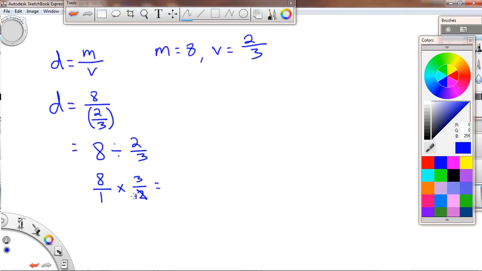We divide by that. 2 divided by 2 is 1. 8 divided by 2 is 4. And now we can continue and multiply through. 4 times 3 is 12. 1 times 1 is 1. So my denominator is going to be 1. This is a fancy way of writing 12. 12 over 1 is 12 divided by 1. It is 12. So that would be my answer there.